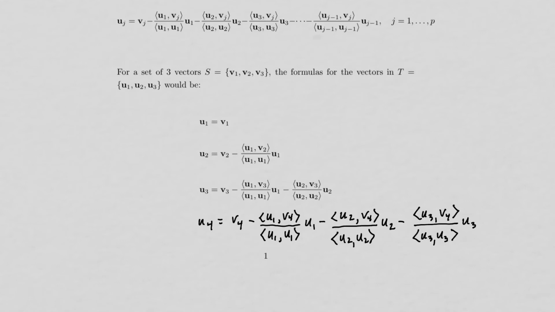Now of course in this example I don't have a v4, I just have v1, v2, v3, so these are the only 3 equations that I need. But this gives you an idea of what you would do if you had 4 vectors in S, or 5 or 6: you just keep adding more terms to subtract.